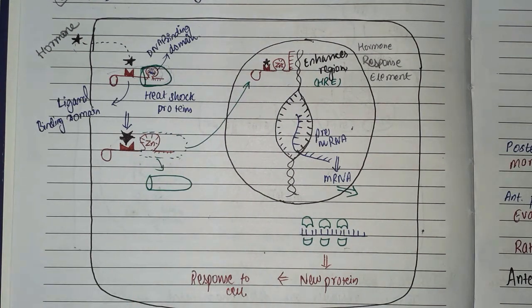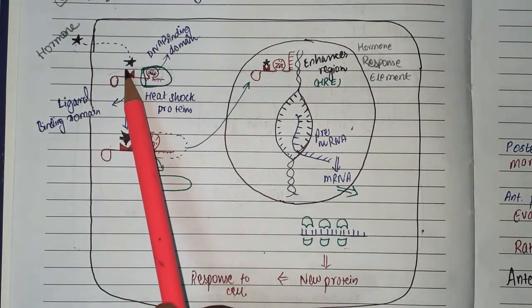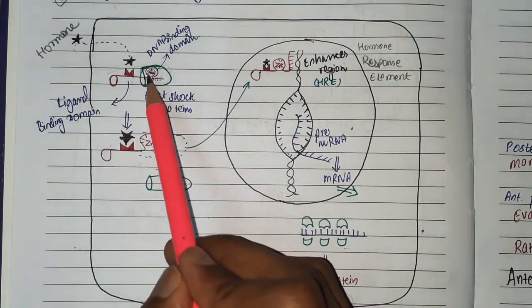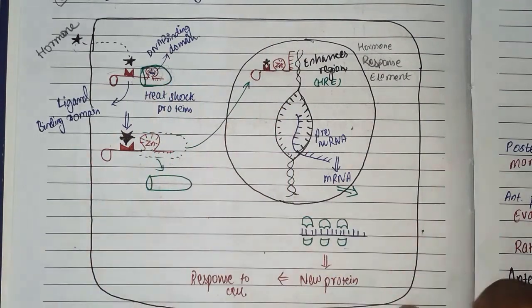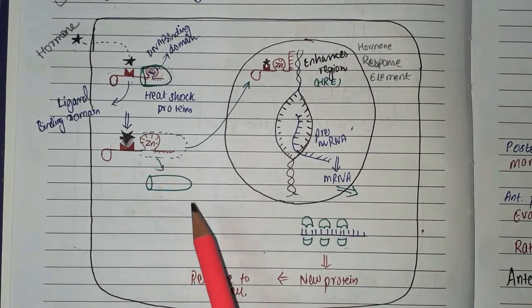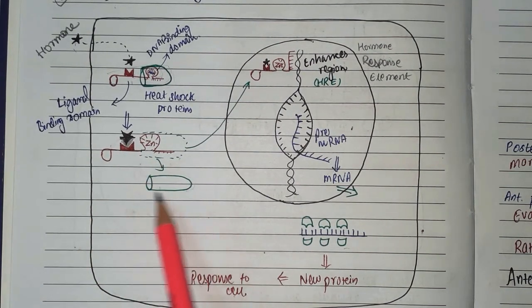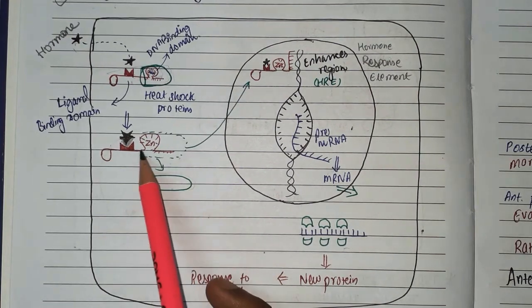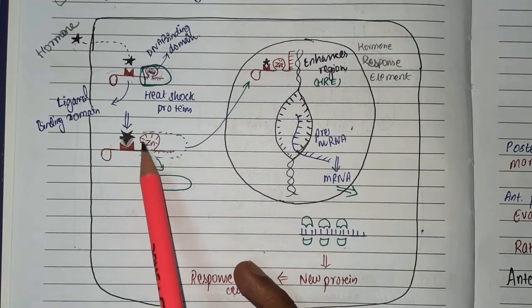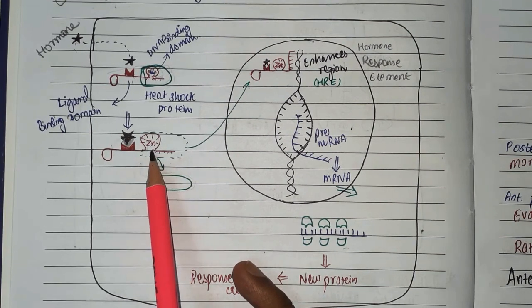This protein masks the DNA binding domain of the receptor. When the ligand approaches, the receptor gets activated, and the heat shock protein is removed from the receptor. The DNA binding domain gets exposed, and this DNA binding domain is associated with zinc.